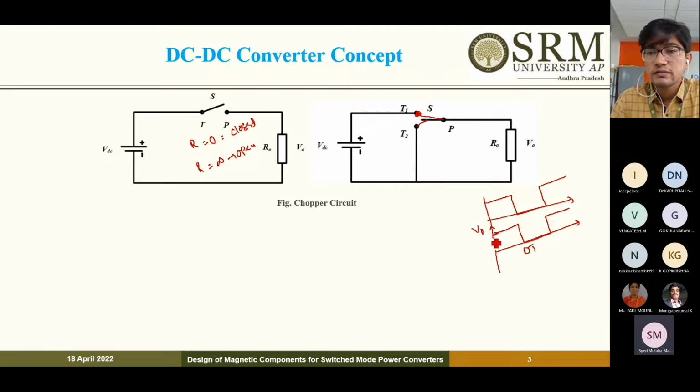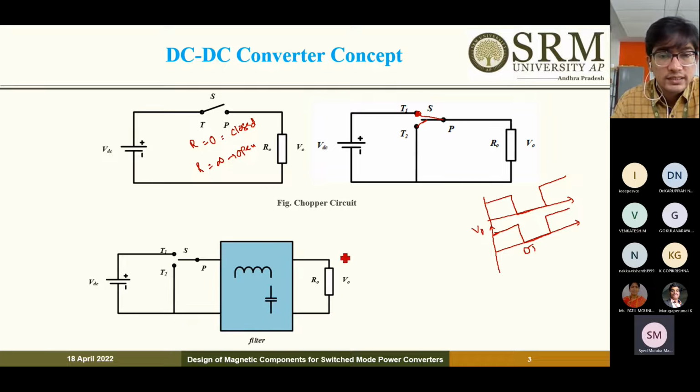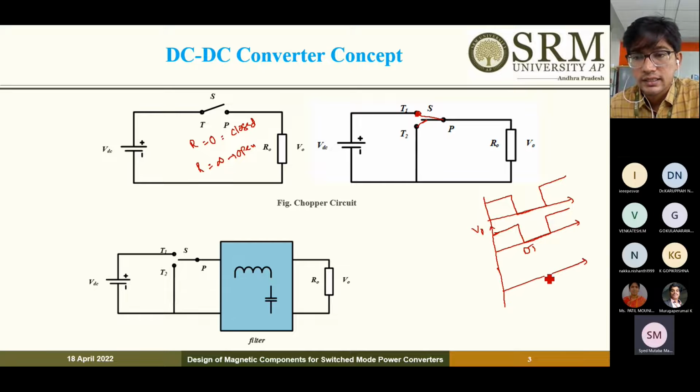How can we make this variable DC into a fixed DC, that is, a constant ripple-free DC? By using some LC filters with this configuration, we can eliminate the ripples in the output voltage. We can achieve a constant DC voltage like this.